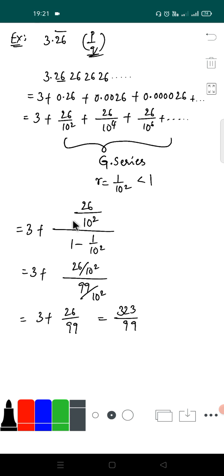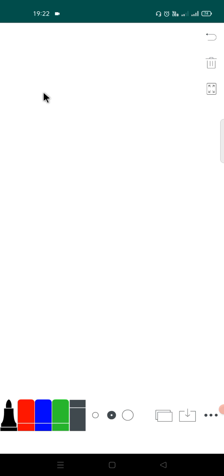That's how we find its value using the geometric series application. Now similarly, suppose we are about to find 5.4 bar.